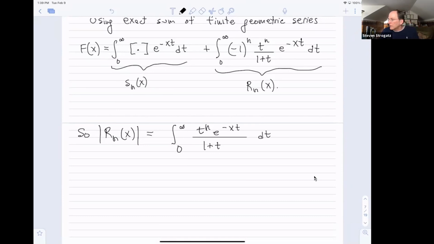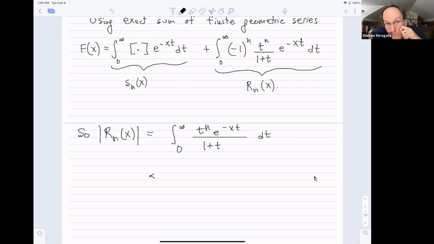And now, the crude way to estimate this, but it's good enough, maybe you have an idea. I don't know, you want to suggest something that you might think of doing? I mean, if I want an upper bound on Rn of x, right? So I want to say that this is definitely less than something. You could exclude the denominator, and that would be an upper bound.